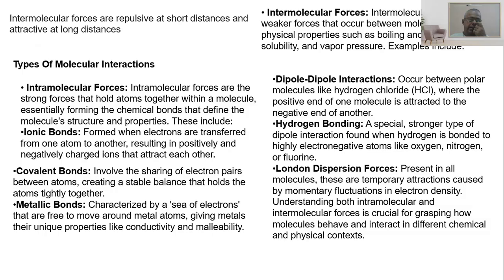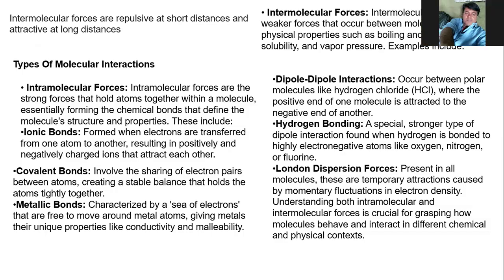For example, ionic bond between the ions, covalent bond because of sharing of electron pairs between the atoms, and they hold the atoms together tightly. Metallic bond is characterized by a sea of electrons, which are free to move around the metal atoms, right?